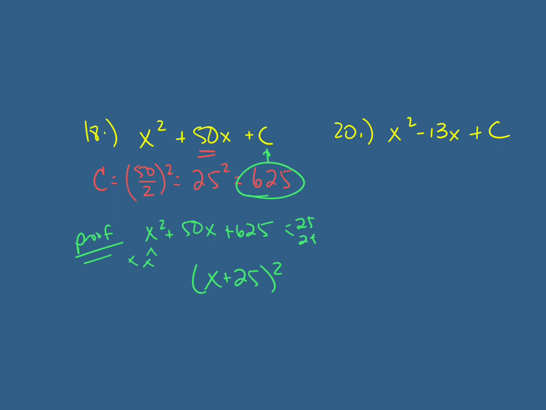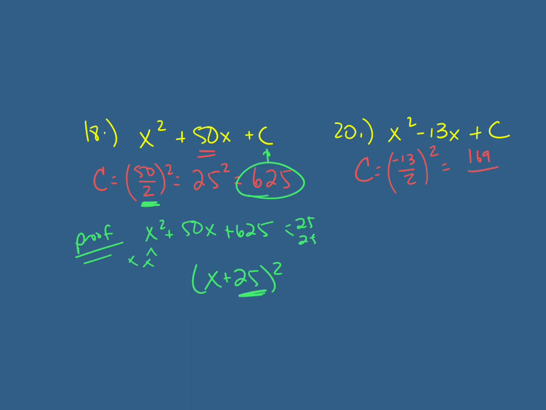20, same exact thing. Now the interesting part is that what I'm trying to get you guys to see is that, notice, whatever is inside the parentheses before you square it is what's inside the parentheses after it, at the end. So 20 is tough because it's a fraction, but I'm just going to do this. C equals negative 13 over 2 squared. I'm just going to square the top and the bottom.